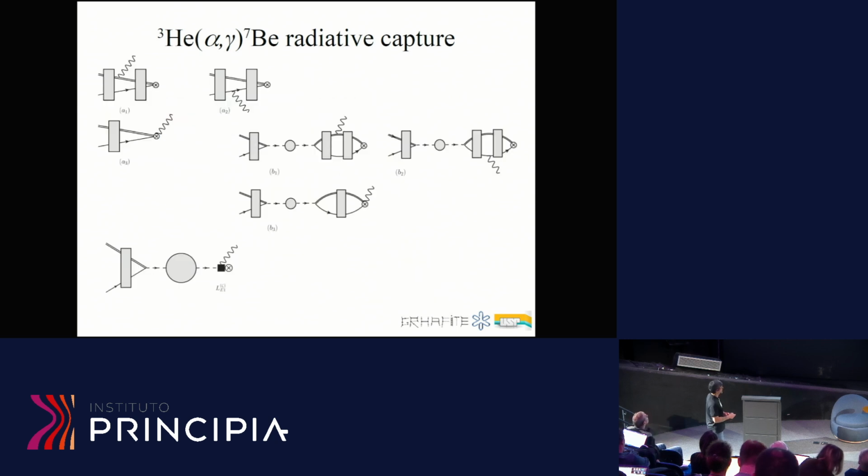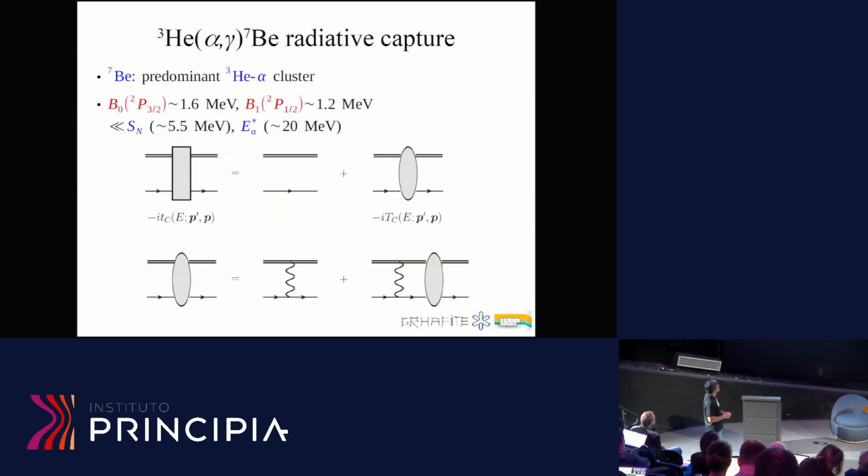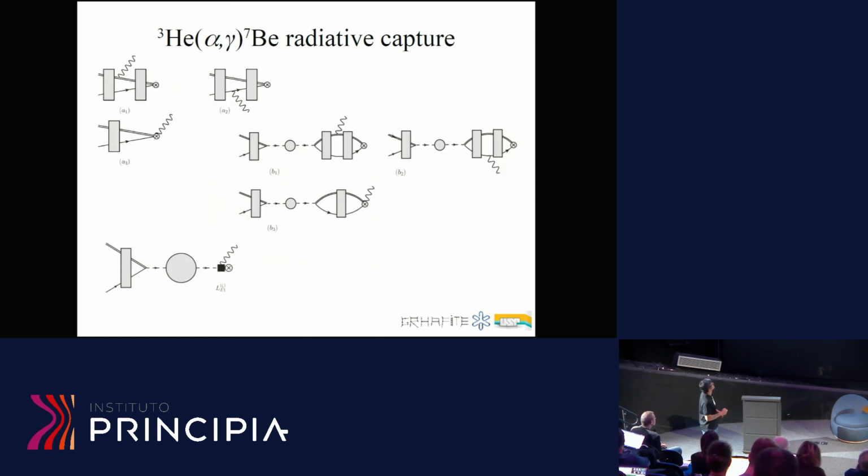But anyway, we have to draw these Feynman diagrams. First, the Coulomb interactions, and also the ones that pertain to the radiative capture. So we have direct types of radiative capture diagrams, which means that basically these processes are driven by the initial state Coulomb interactions.